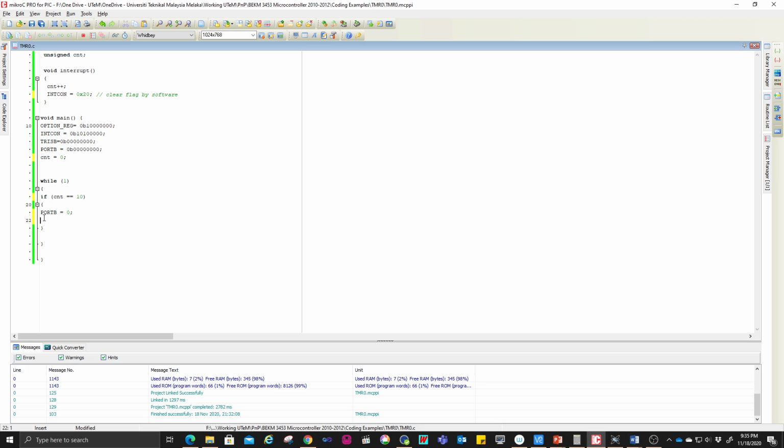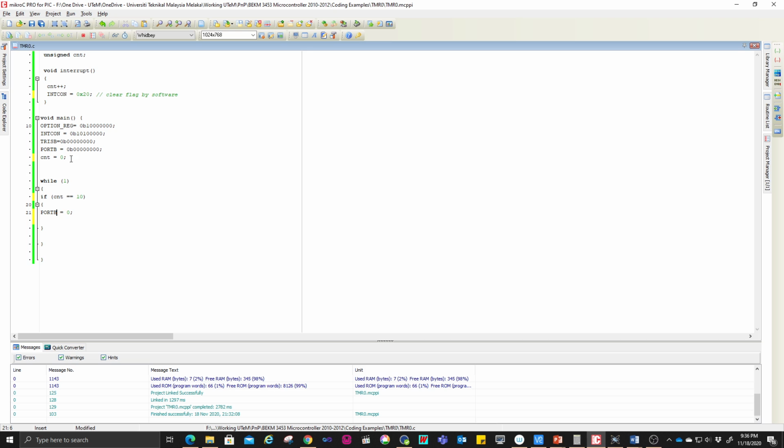So I'm going to change accordingly. Okay. I just want to take one signal only. So the first one is port B. I don't want to go for specific pins, doesn't matter. So if count is equivalent to 10, then your port B is going to pull down.